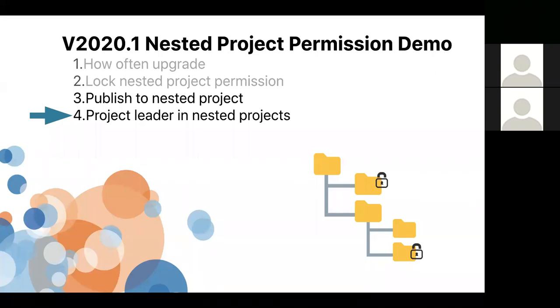We also talked about the publishing permission setting, where you need to give the view permission for all the level projects up to the top in order for this user to be able to publish to the child. Now I'm going to talk about the project leader role, how the project leader role works.